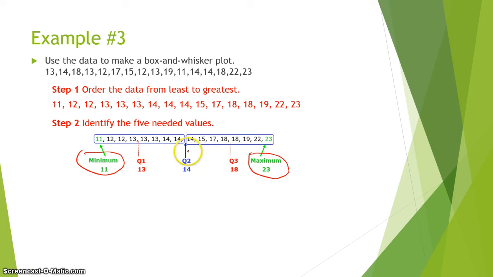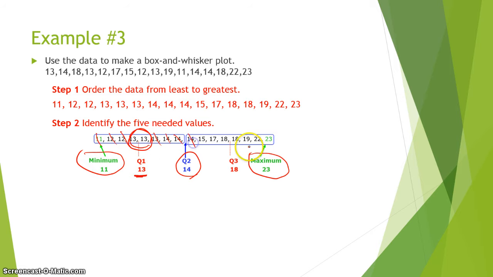Now we need to find our first quartile and our third quartile. From our median, 14, we cross off each end to find our first quartile. We get 2 values here, add them together, divide by 2 to get 13.